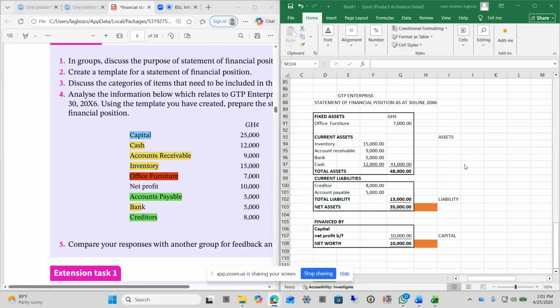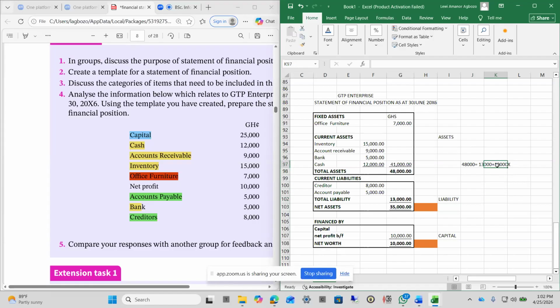So what this means is that 48,000 is equal to 13,000 plus 10,000 plus x.